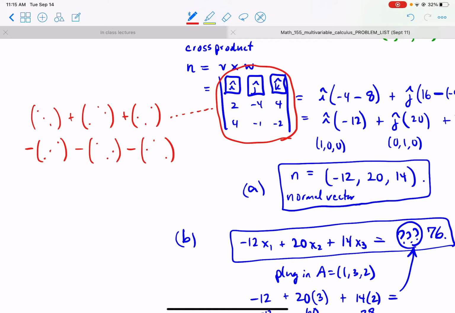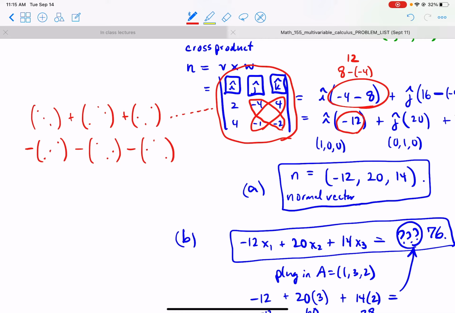So now let's see, actually it's right here that I make a mistake. This should be a plus 8 minus minus 4. And so plus 8 minus minus 4 will give a positive 12. And I put a negative 12. And so that was my error.